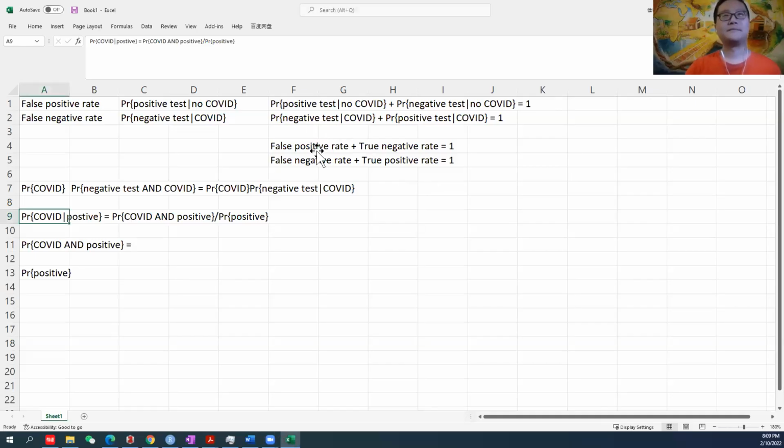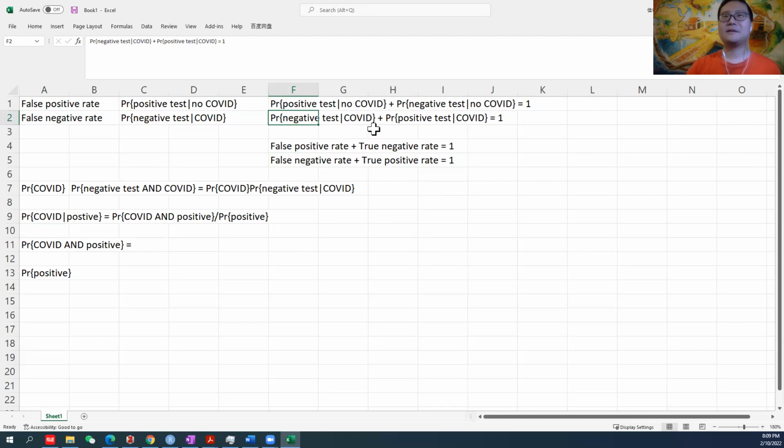Okay. As I showed earlier, I think the best way to understand it is to write the concept explicitly out. So let me redo it here. False negative rate, right? That's a person who already has COVID.